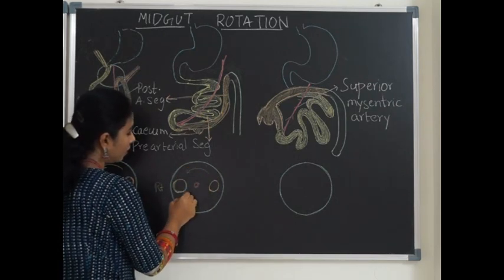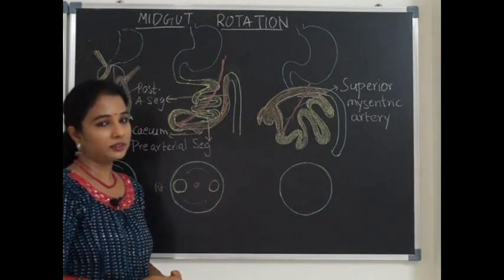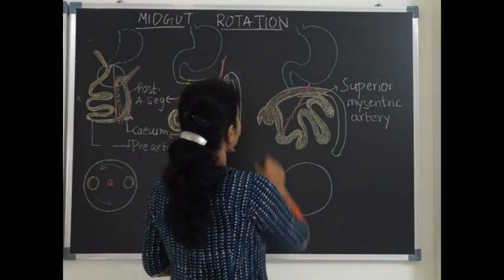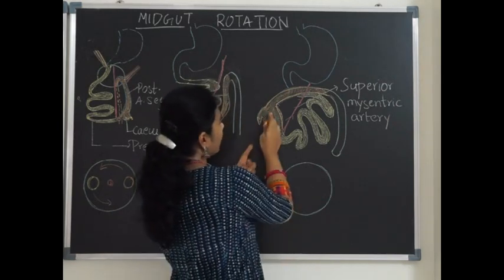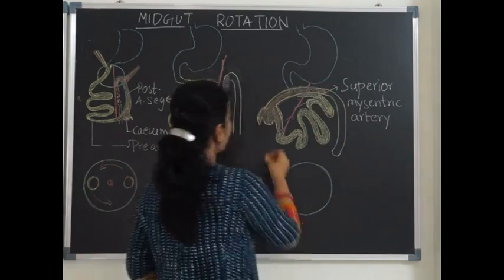Now inside the abdomen there is again a rotation, an anti-clockwise rotation of 180 degrees. So in the second rotation of 180 degrees, the post-arterial segment turns and comes towards the right side of the abdomen.